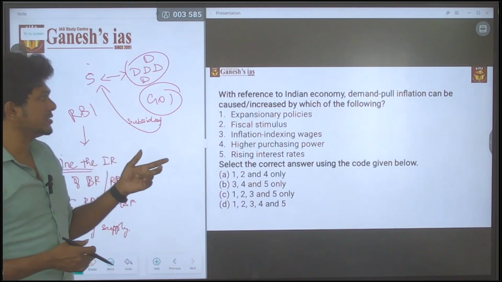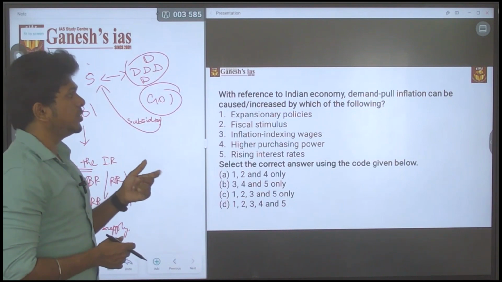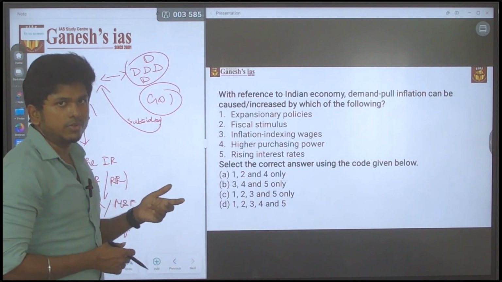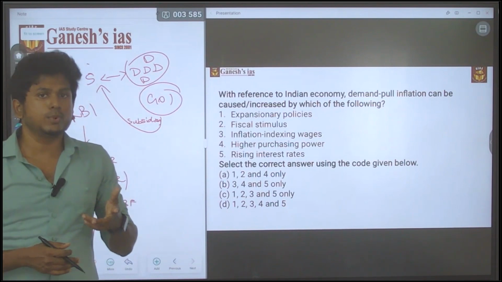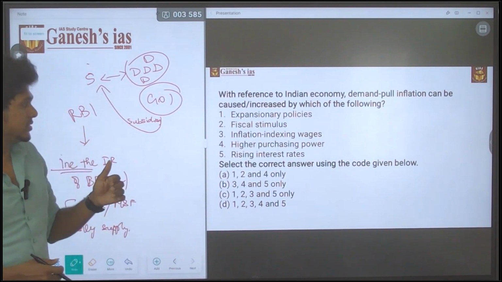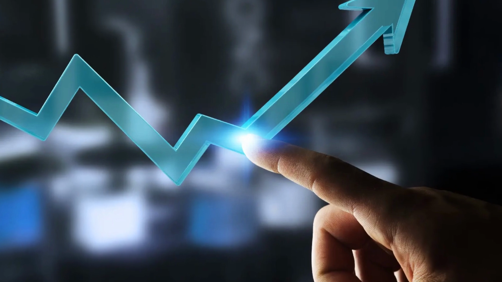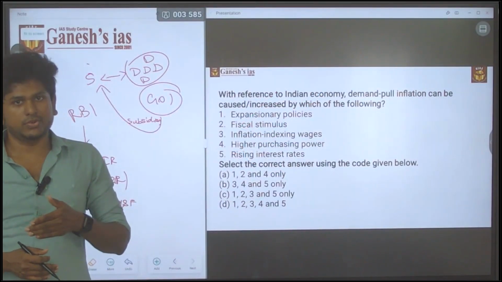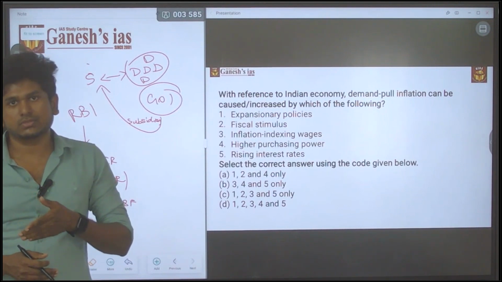The question here is: with reference to the Indian economy, demand pull inflation can be caused or increased by which of the following? So it is asking about the causes of demand pull inflation. Come to the fifth statement, rising interest rate. If you increase the interest rate, the money supply will be reduced, so demand pull inflation will be reduced.